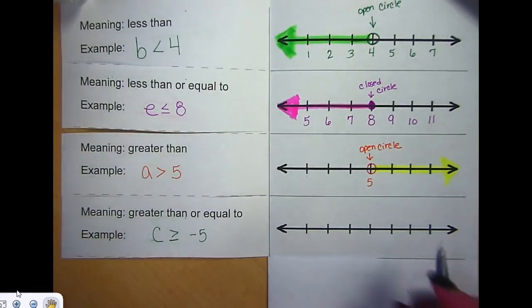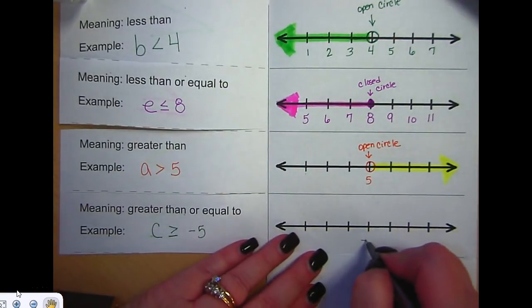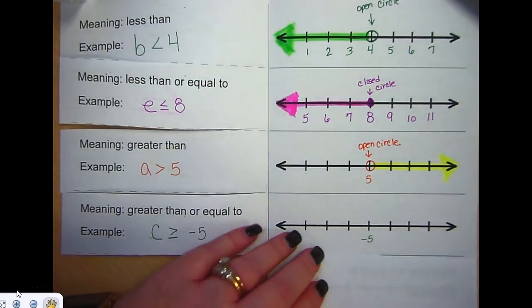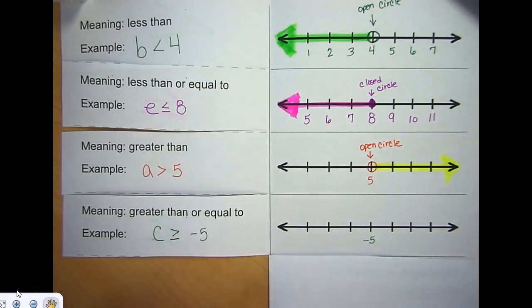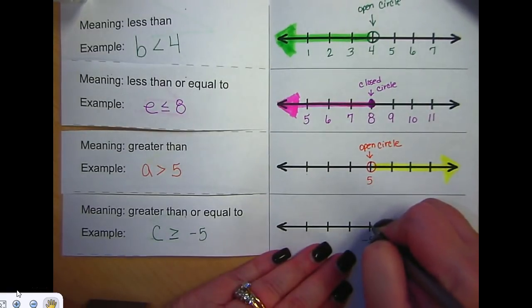So on the center of your open number line, let's put -5. Is it going to be an open point or a closed point? Closed, because it could also equal -5. So a closed circle.